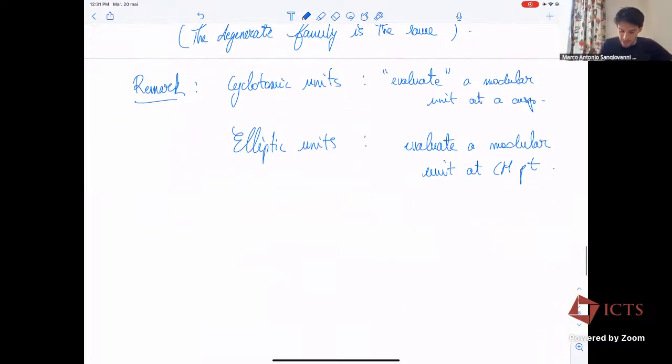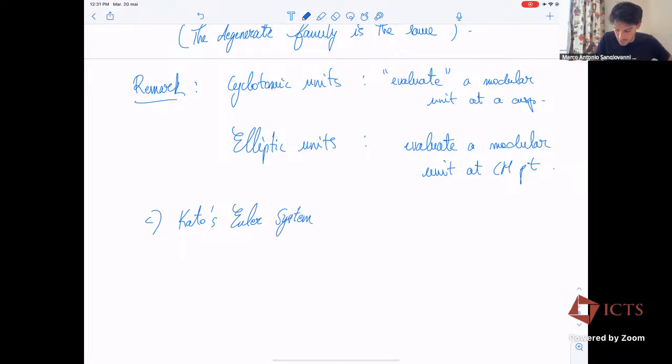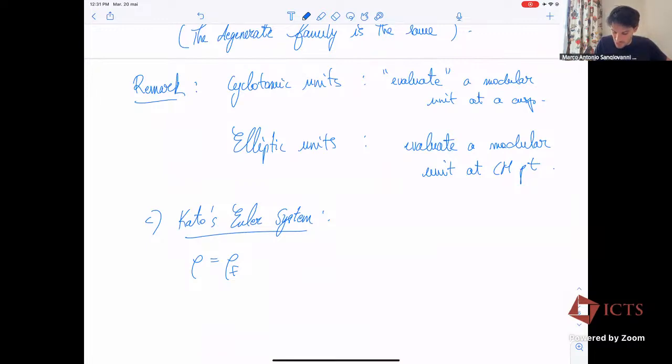Okay, so now let me finish the collection of examples by giving Kato's Euler system. So here the Galois representation is rho f, where f is a cuspidal eigenform for GL2.